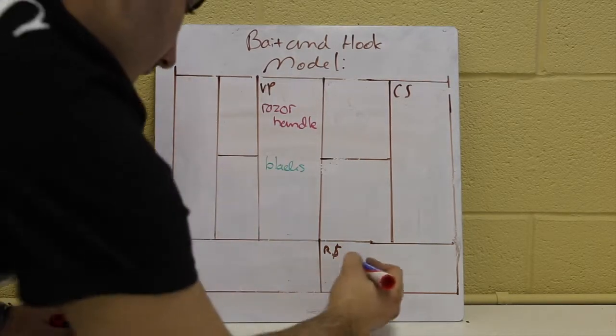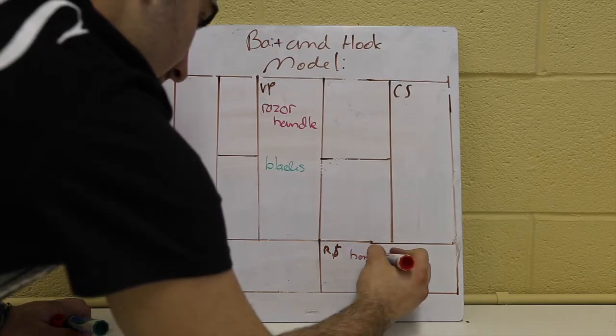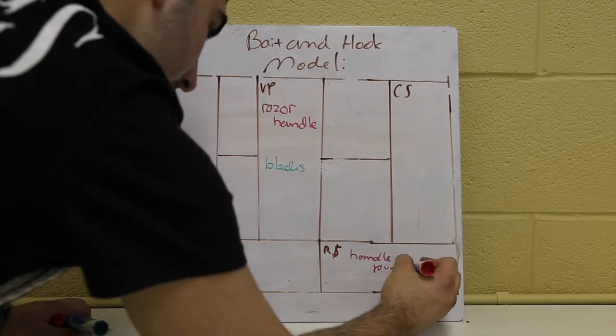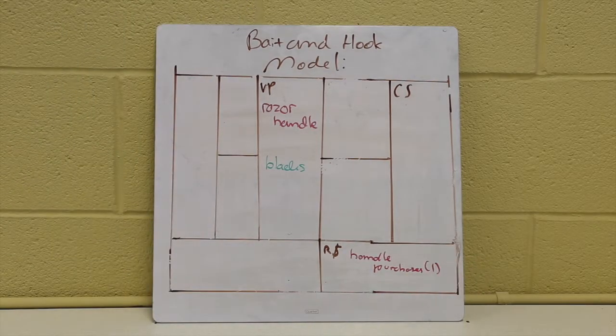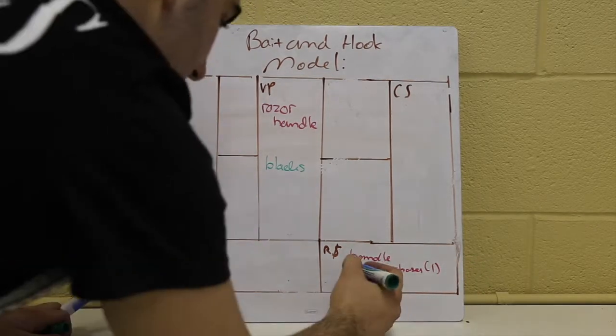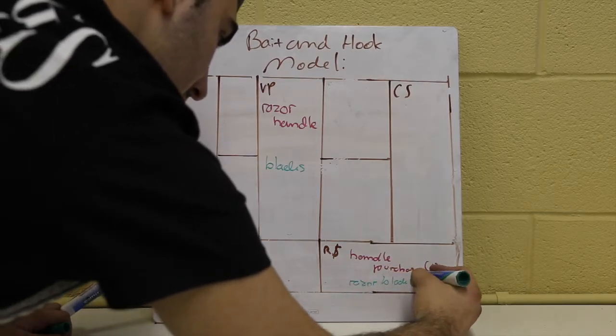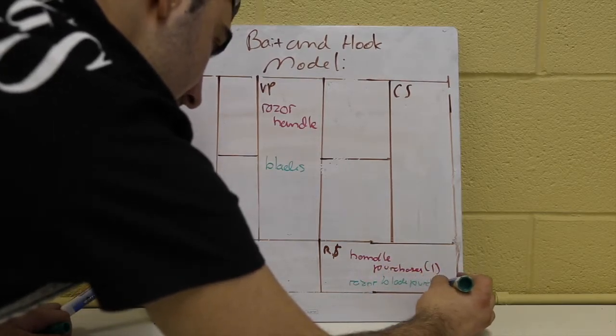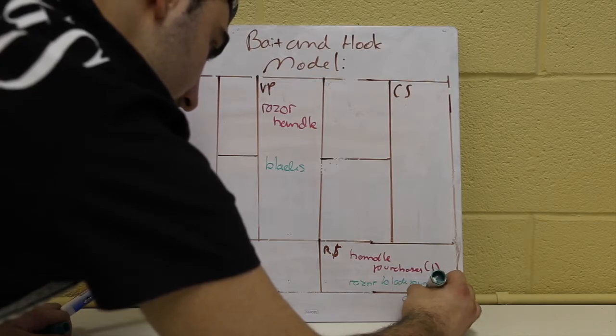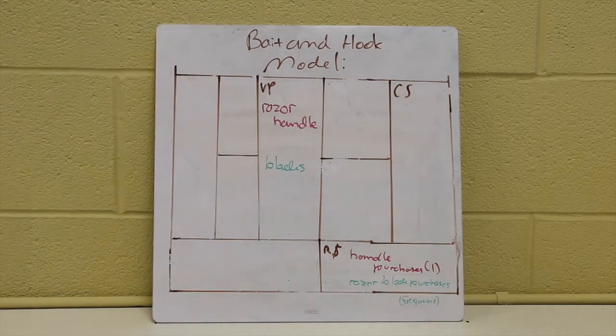The revenue streams come from the handle purchases, which are only required to be purchased once. They don't have to be replaced. As well as the frequent razor blade purchases, which are required to be purchased frequently due to their short lifespan. And they have one major customer segment.